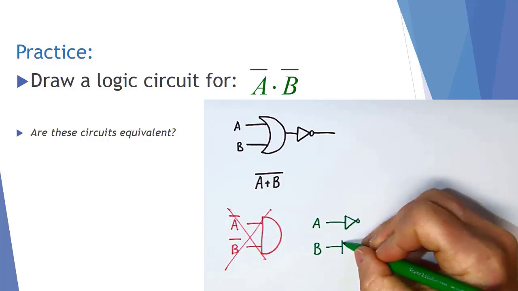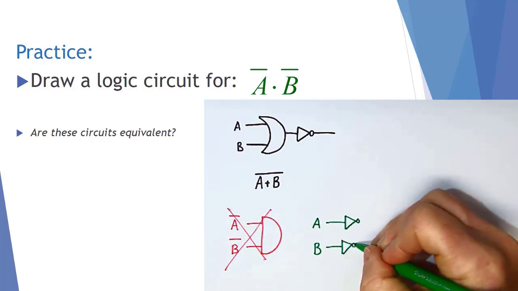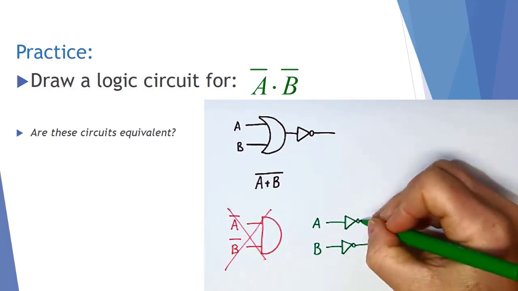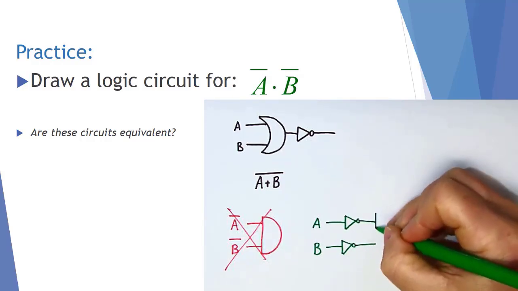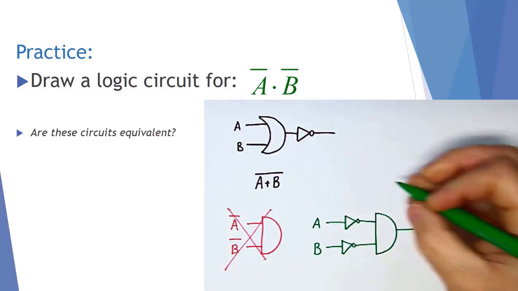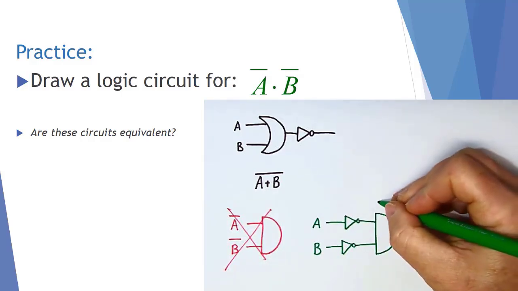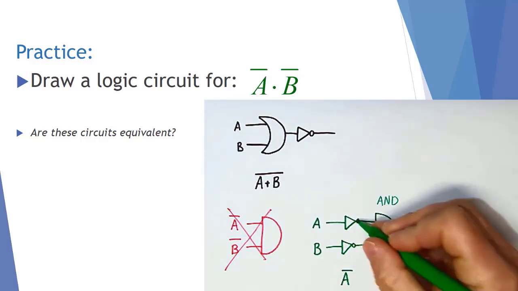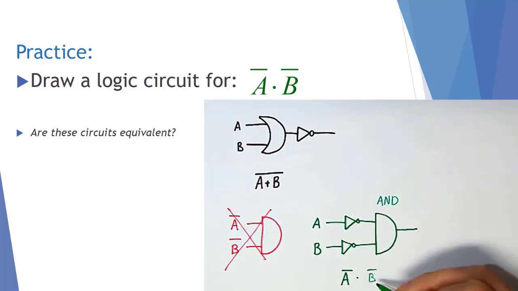So we have the negation of A and the negation of B. Now, after they've been negated, those two can be fed into an AND gate that represents multiplication. And there's the circuit that represents the negation of A right there, and the negation of B right there, joined by that AND gate. Now, are these circuits equivalent?